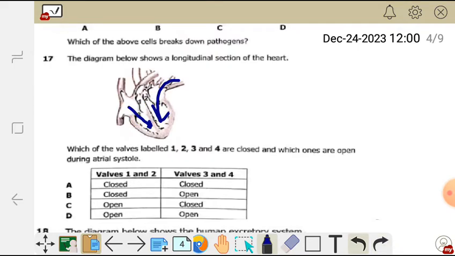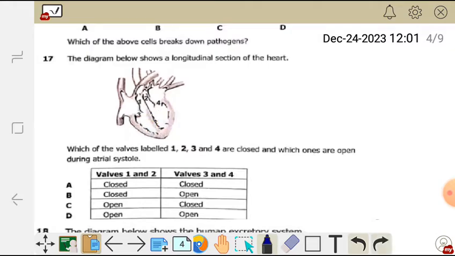And then 1 and 2 are going to close so that blood which is now in the arteries should not flow back into the ventricles. So 1 and 2 will be closed and 3 and 4 will be open, allowing more blood to come into the ventricles, so that in the next phase we pump the blood which has been filled in the ventricles.